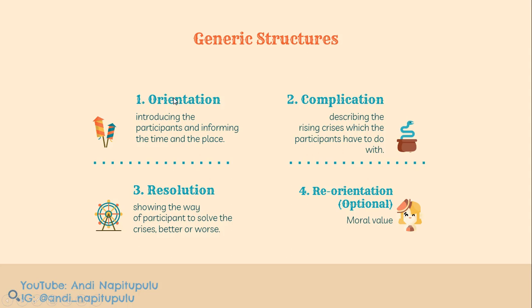Orientation here is the beginning of your paragraph. Remember, beginning. It means you put it first, not in the last or in the middle. When you write your orientation part, you have to introduce your participant.